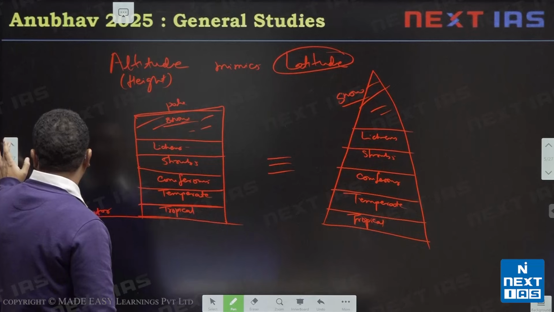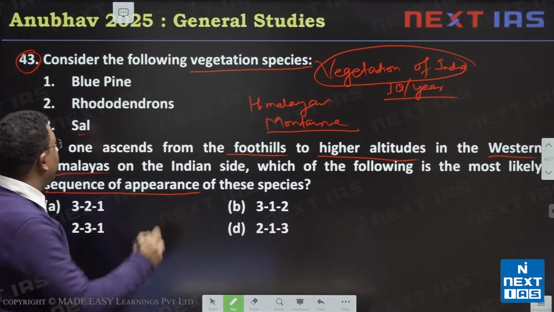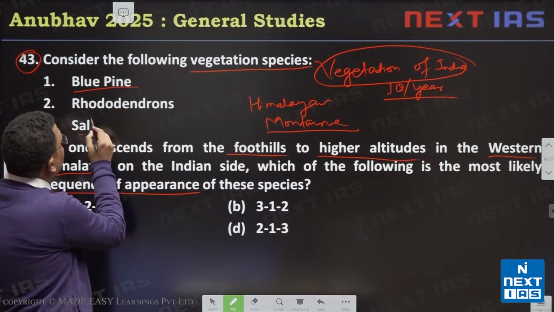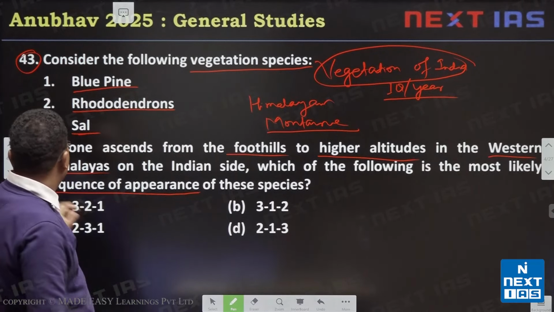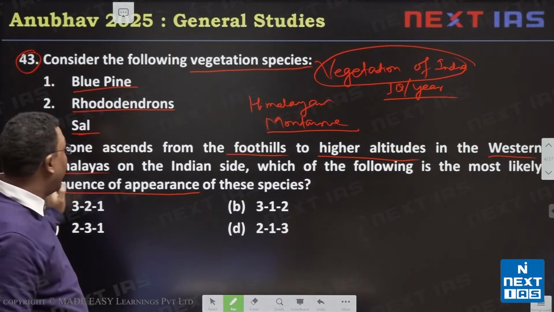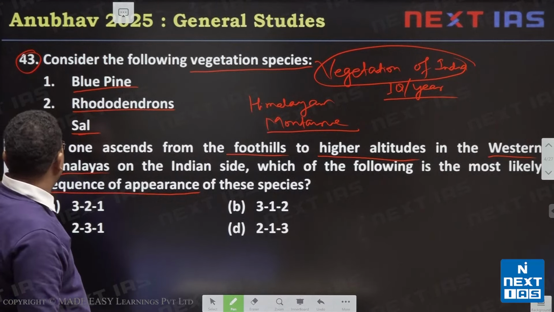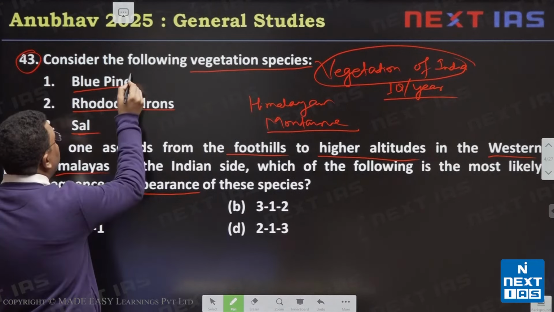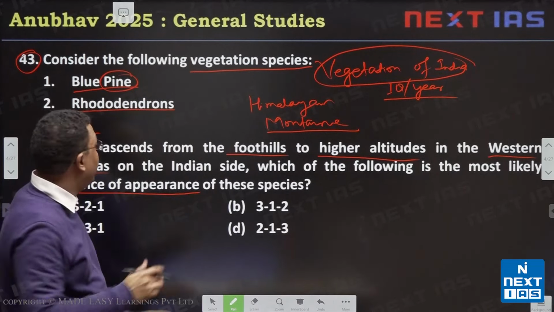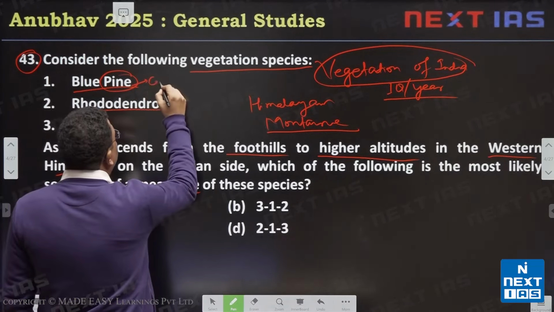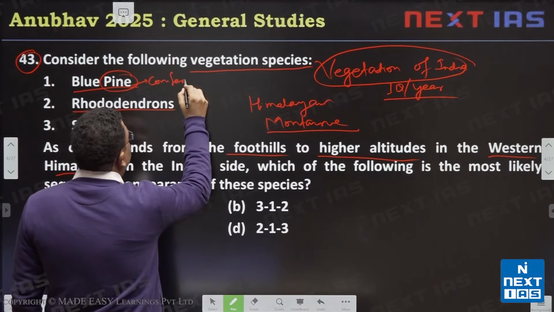Now let's see our question. Three species are given. First is blue pine, then rhododendron, then sal. So let's see where they will lie. First species, blue pine. Pine is basically any type of pine, whether it is blue pine or chir pine. Pine is basically a coniferous forest.